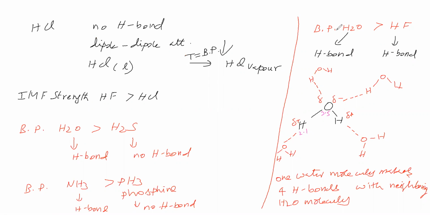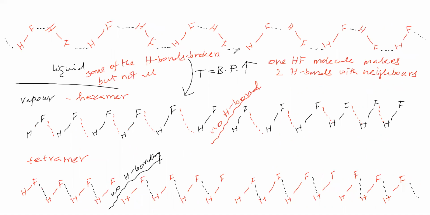So to explain why the boiling point of water is greater than HF, what point do we have to say? One water molecule makes 4 hydrogen bonds with the neighbors, and on converting liquid water into vapor, all the hydrogen bonds we have to break. In HF, each HF molecule is making 2 hydrogen bonds. To convert liquid into vapor, we need not break all the hydrogen bonds. Only some of the hydrogen bonds we have to break.